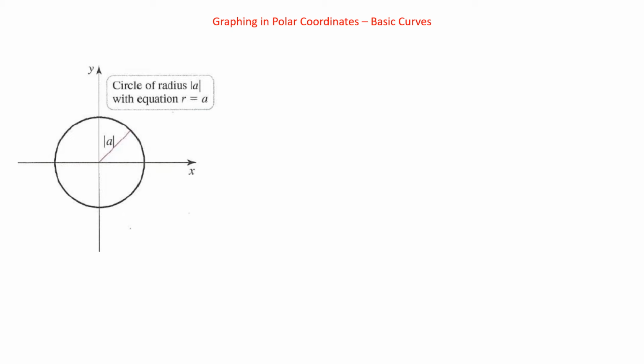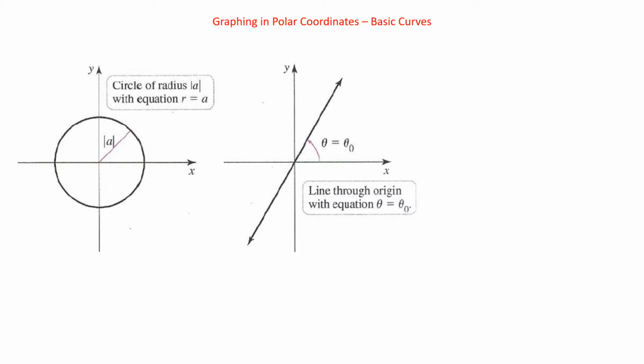What if we go the other direction, which would normally get us a vertical line? Theta equals something. So we have an angle, but the radius doesn't matter. The angle just gives us a direction, and so theta equals something gives us a line through the origin at that angle.